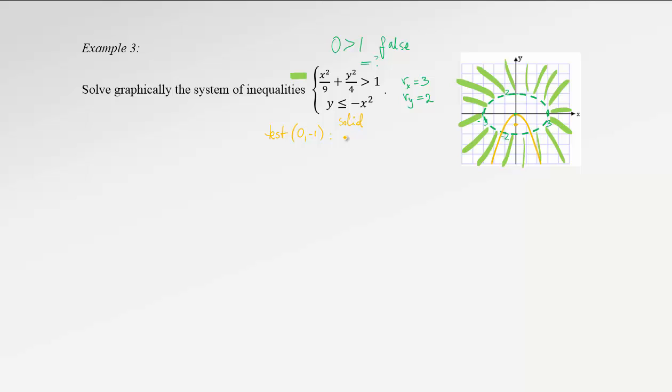I end up with negative 1 smaller equal 0. True or false? Yes, it's true. Negative 1 is indeed smaller equal 0. So, since this is true, all the solutions to this inequality are in the region that contains the testing point. So they are here. Okay, I can highlight it a little bit stronger.